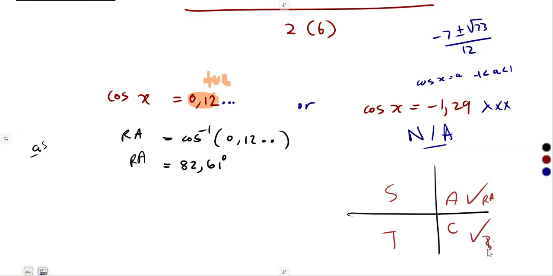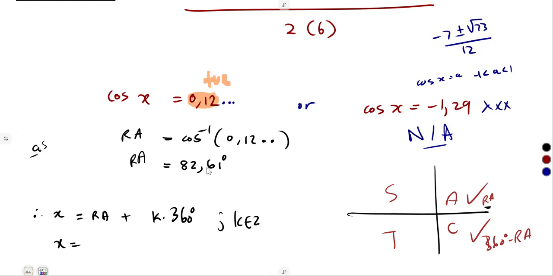Here it will be 360 minus the reference angle. So, therefore, this is cos of x, remember. So x is equal to, in the first quadrant, you just take your reference angle as it is, plus k times 360 degrees.